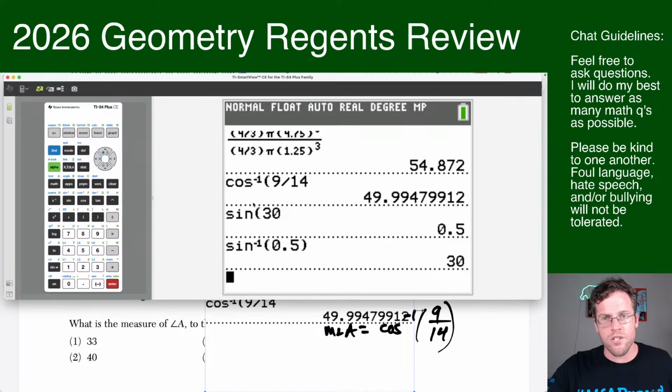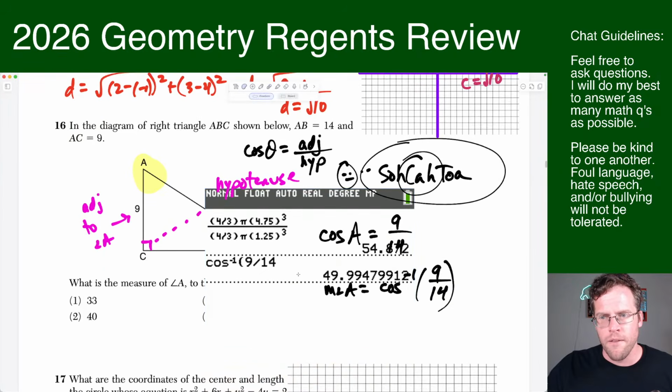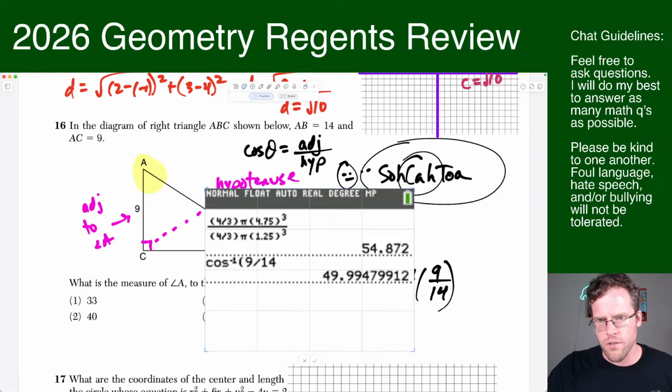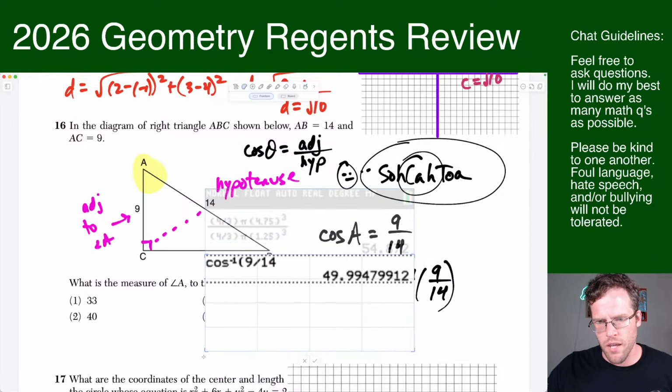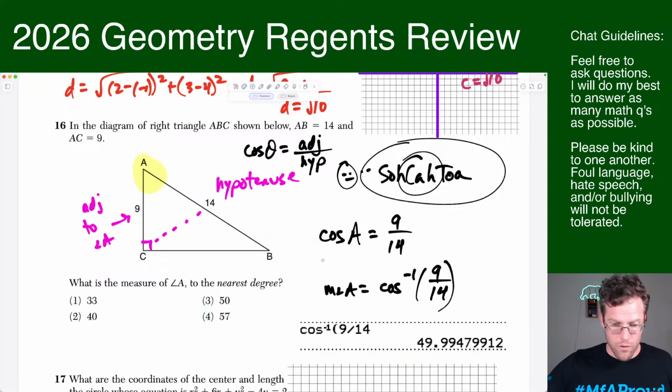Sine, cosine, and tangent, though, you feed them an angle and they give you the ratio. So they're opposites. It's very important, because a lot of students will mix up the two and don't really understand what they mean. So sine, cosine, tangent, you feed them angles and they give you a ratio. And the other ones tell you the angle. All right. So choice 3.